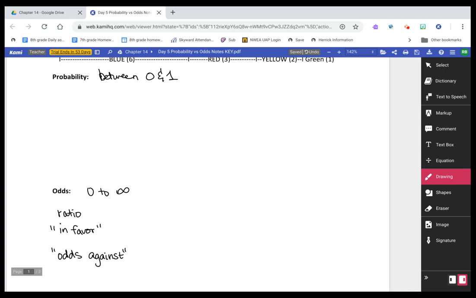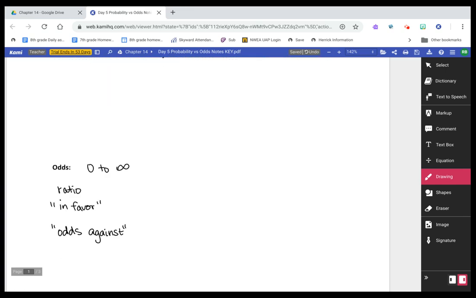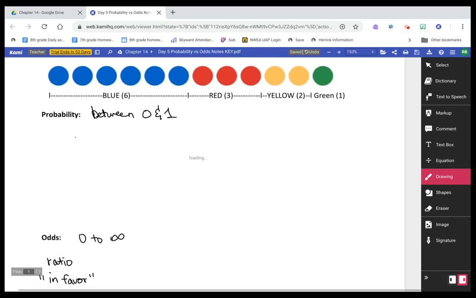Okay, so let's go back to probability here. When we have the probability of event A occurring, that would be the number of event A's on top over the total number of events.